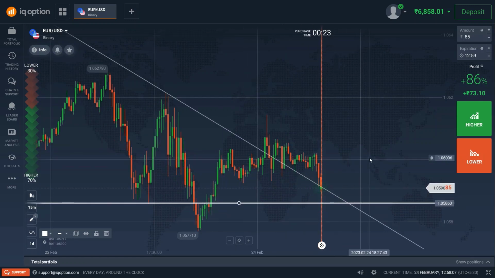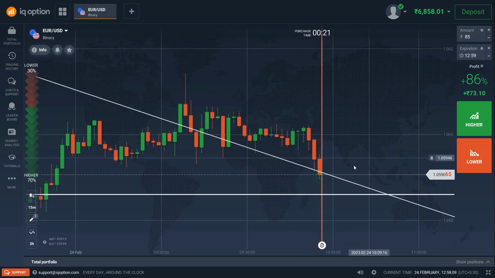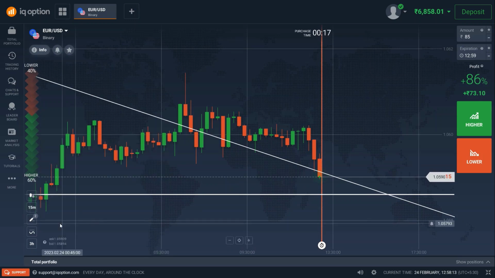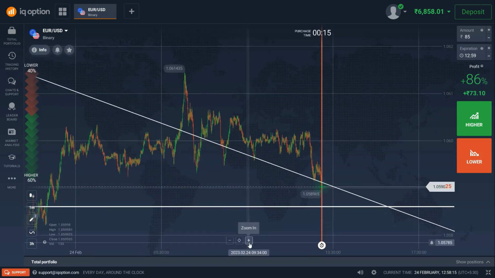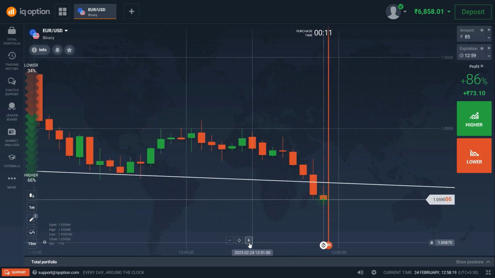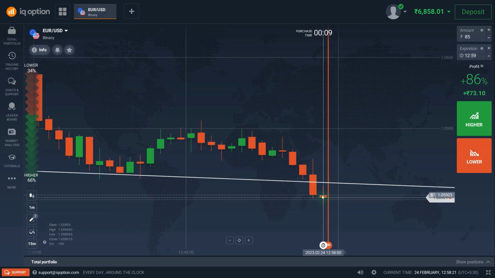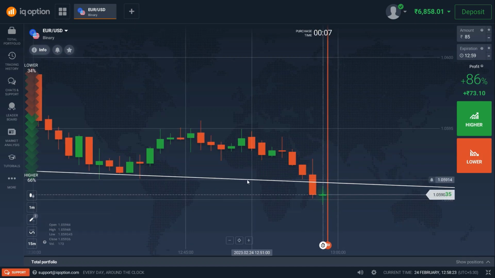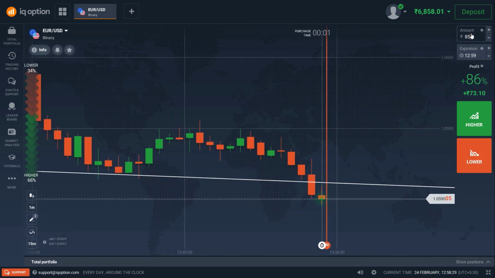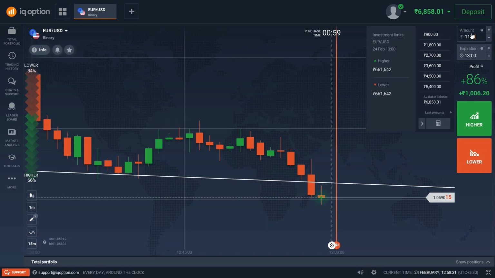This area can act as a good support zone and the market is falling below the trend line. Let's see. So this was the breakout over here. You can see the market broke the structure. $170.